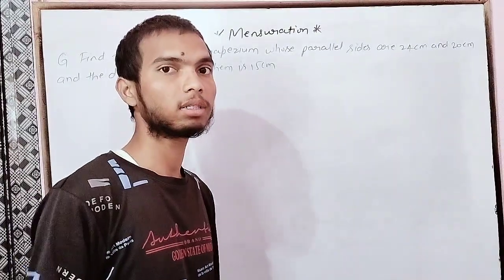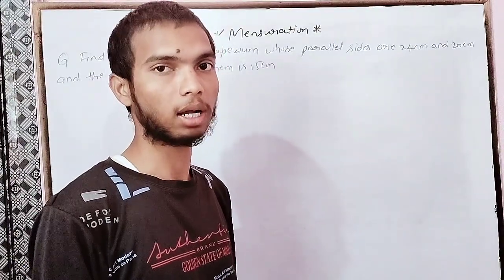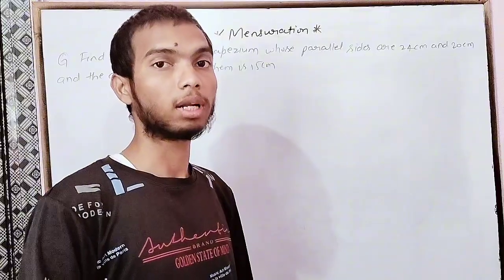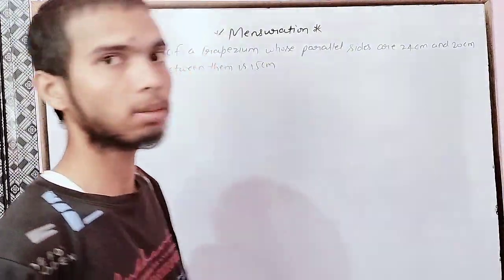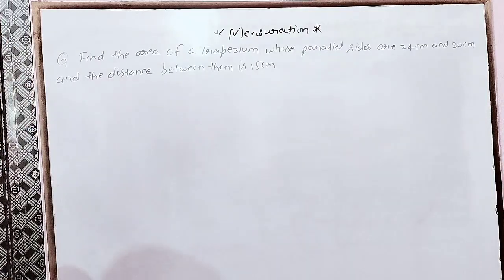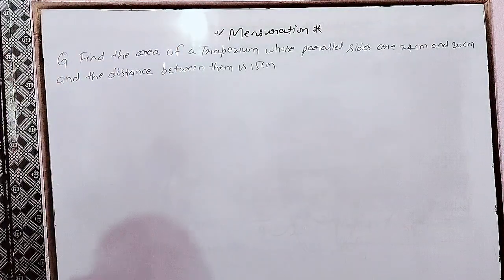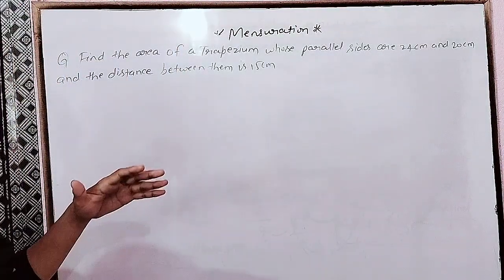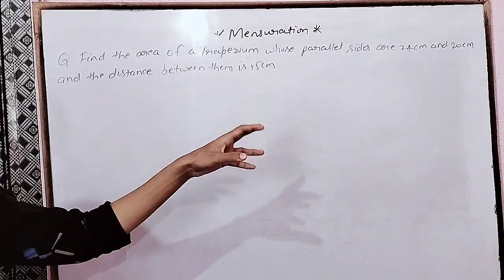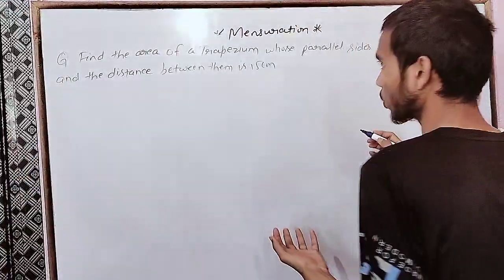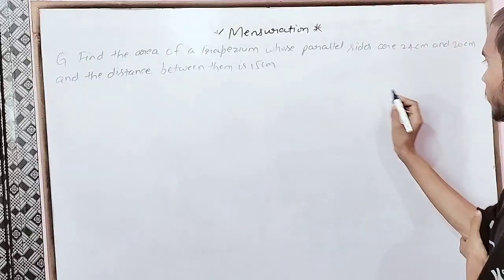We don't have a figure for this question. Find the area of a trapezium whose parallel sides are 24 centimeters and 20 centimeters, and the distance between them is 15 centimeters. We can draw a figure of this trapezium.